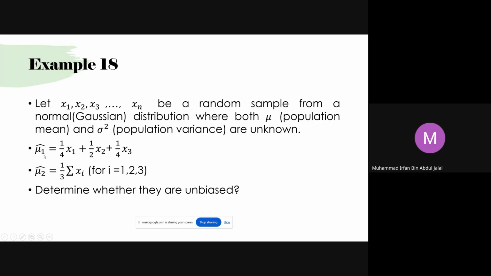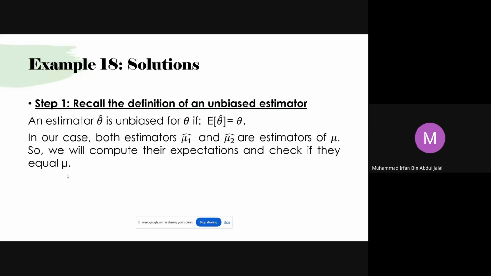This one is your weighted sample; we call it the weighted sample of your first three samples, because the weights here are different for sample 1, sample 2, and sample 3. So in this case, we want to know whether the weighted sample mean and your usual sample mean are both biased, both unbiased, or one of them biased and one of them unbiased.